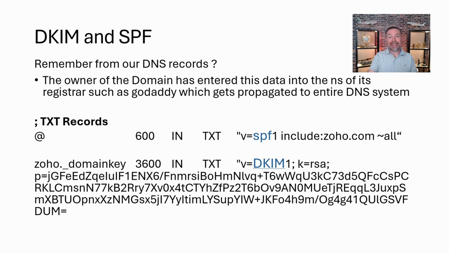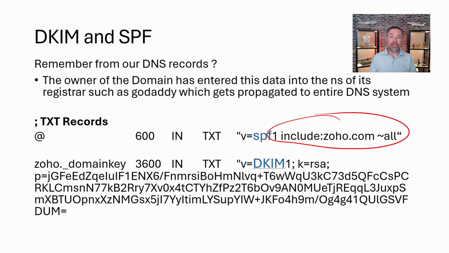Those details then get propagated out to the world so anybody can see them. What we're interested in here is under the TXT, the text records, and I'm going to enter my SPF details and my DKIM details. For instance, under SPF, I'm going to say, hey, include anything from zoho.com.